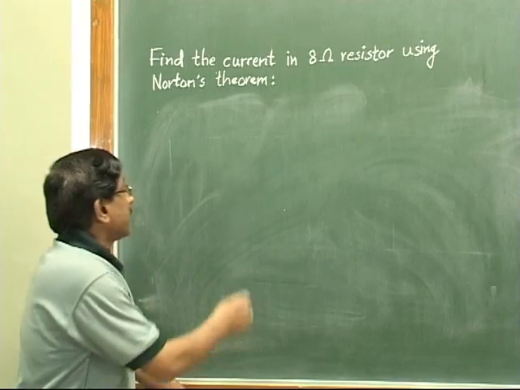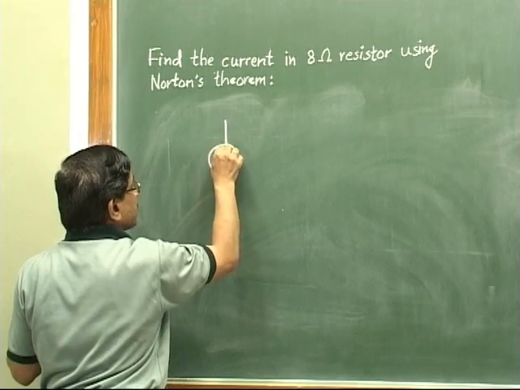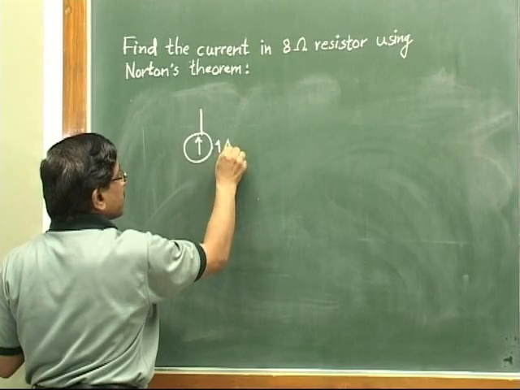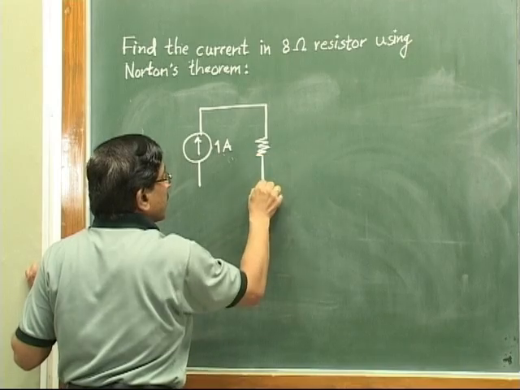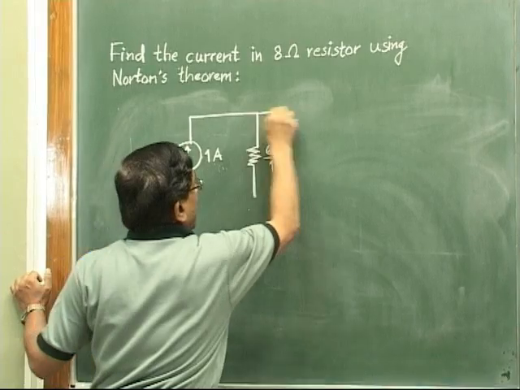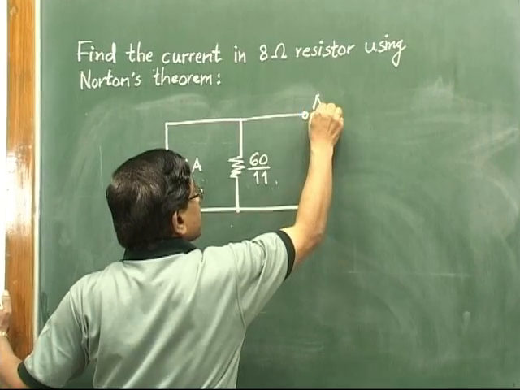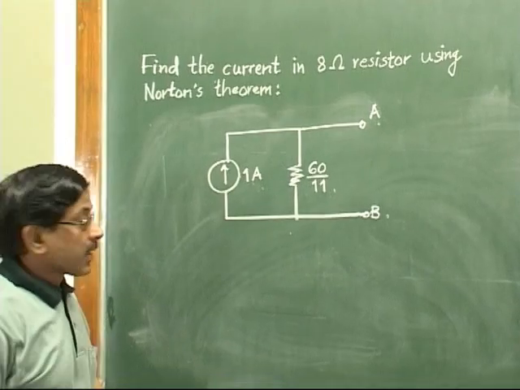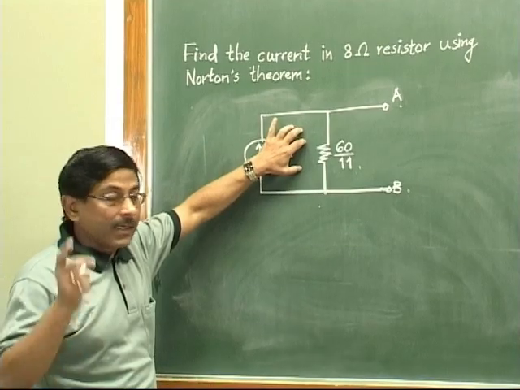For example, if I have this circuit as the given circuit, and this value is given as say 1 ampere, and this current source is parallel to a resistor of 60 by 11, and suppose these are open terminals A and B, and my question is, convert this given practical current source into an equivalent voltage source.